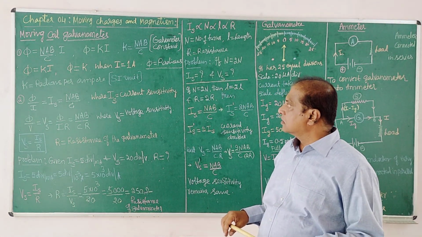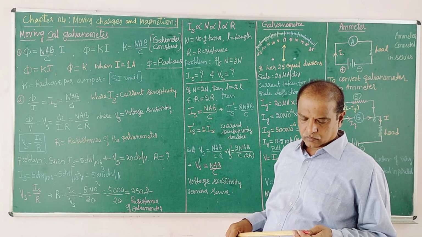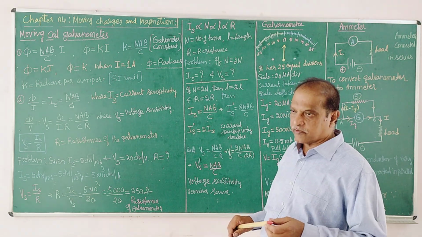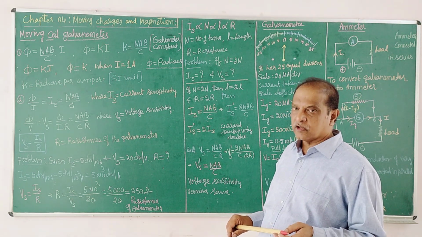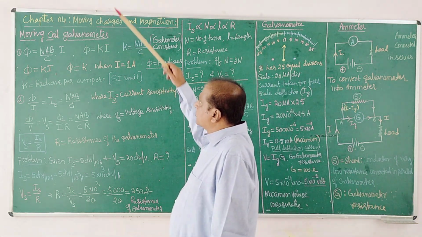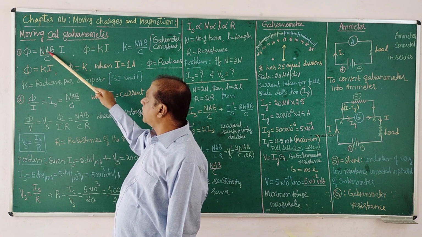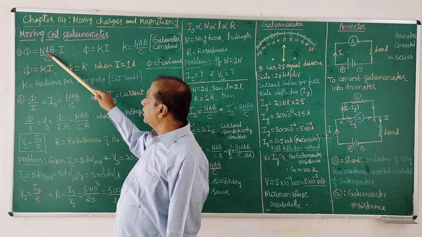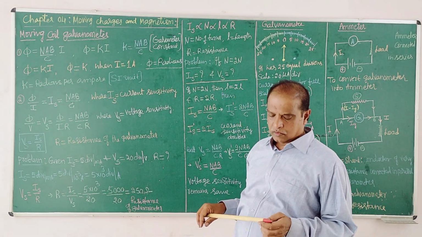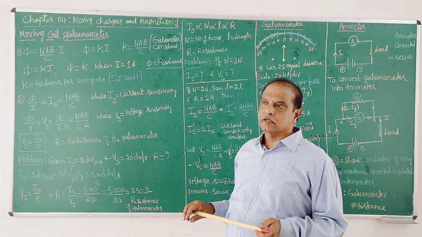Once the galvanometer is fabricated, we get the finished product, that is the device. In the finished product, these parameters N, A, B, C will remain constant for that galvanometer until its usage.